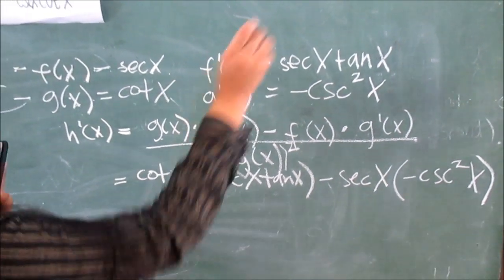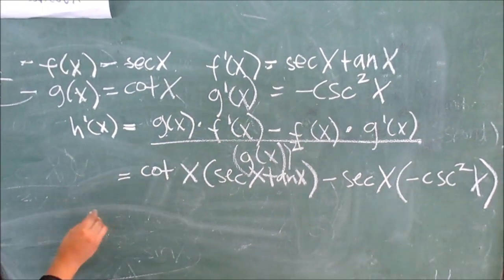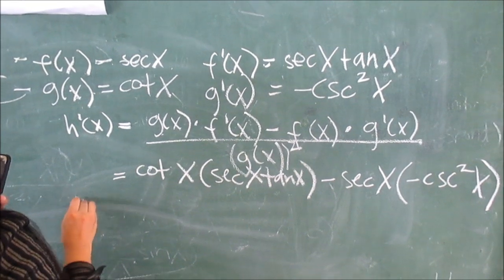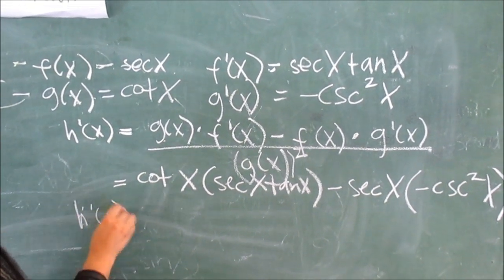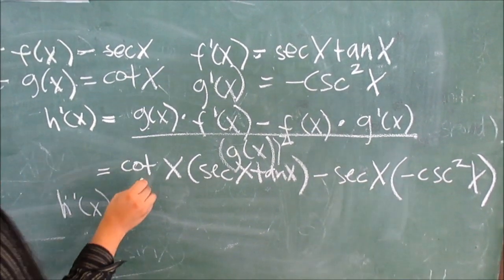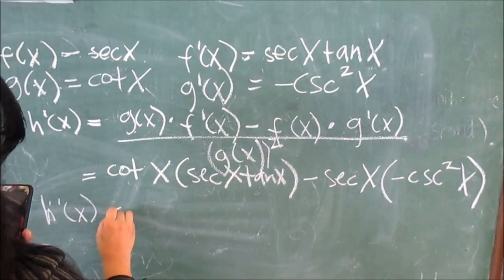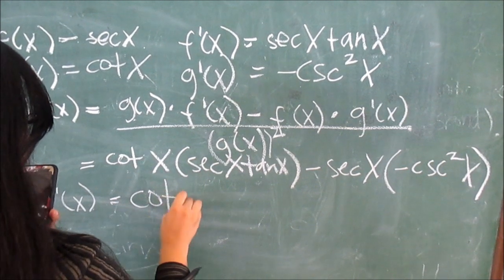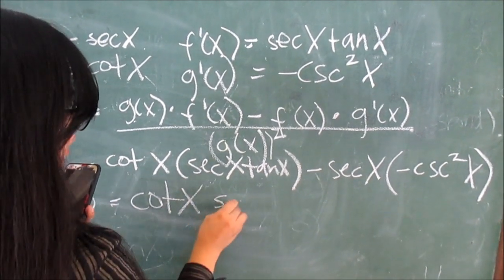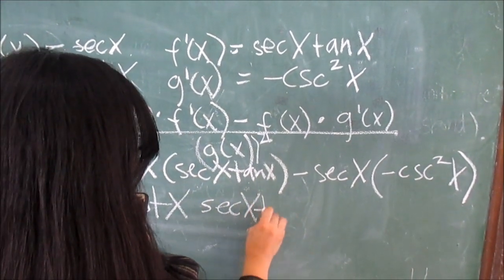Then we are going to simplify. We have h of x is equals to cotangent x times secant x tangent x, which is cotangent x secant x tangent x.